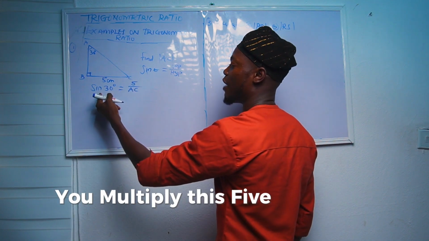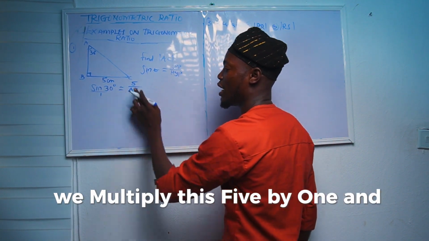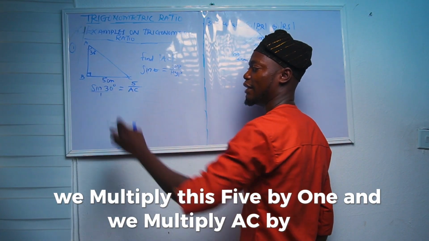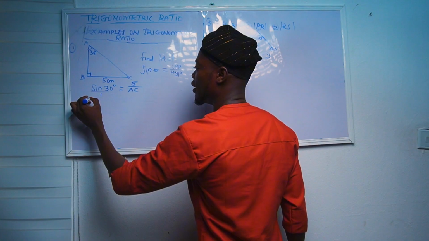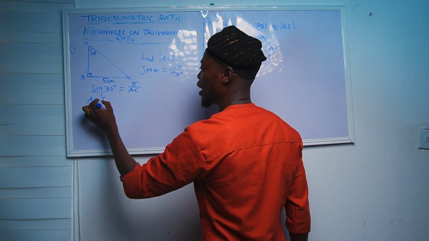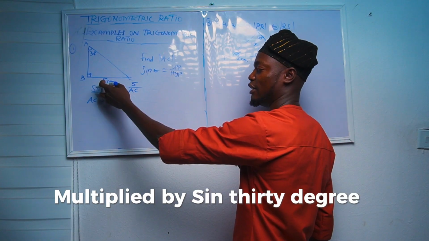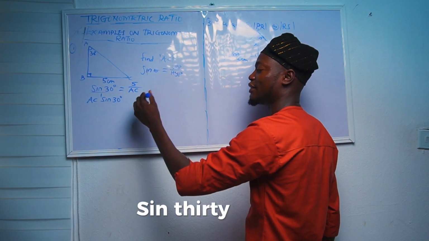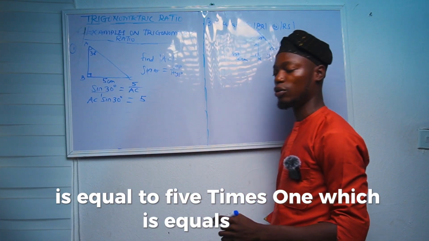You multiply this 5 by 1, we can put over 1 here, and we multiply AC by sine 30 degree. So AC sine 30 degree is equal to 5 times 1, which is equal to 5.